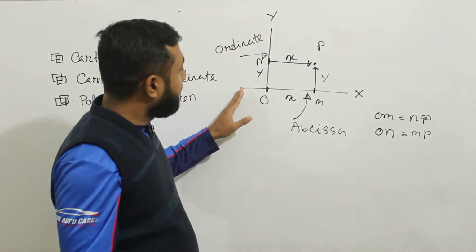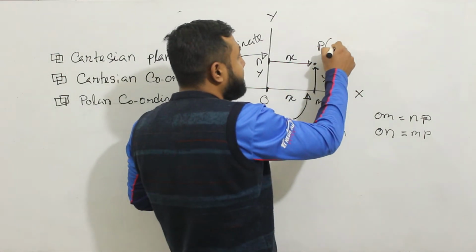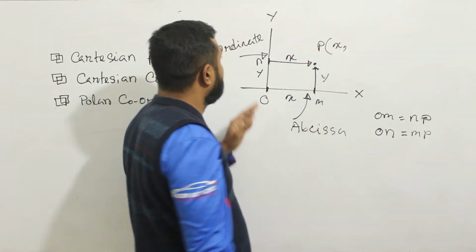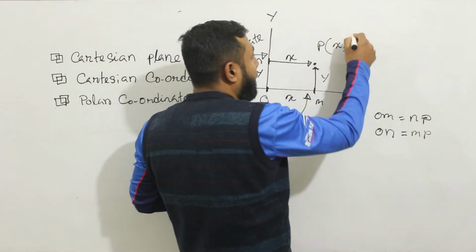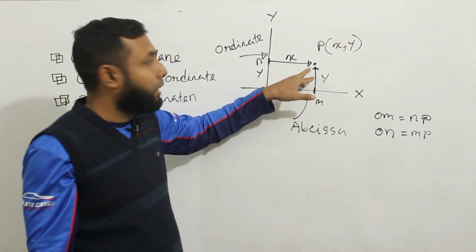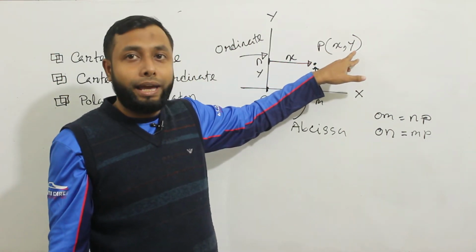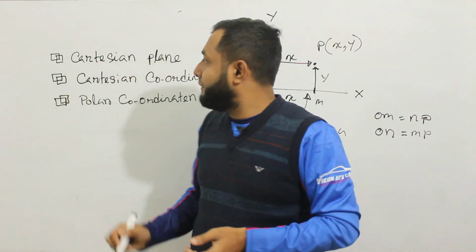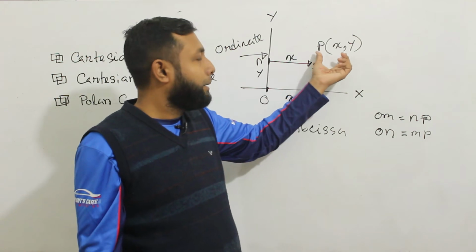So, the abscissa value of point P is x, and the ordinate value of point P is y. The position of point P will be (x, y), and that's the Cartesian coordinate value of the point P.